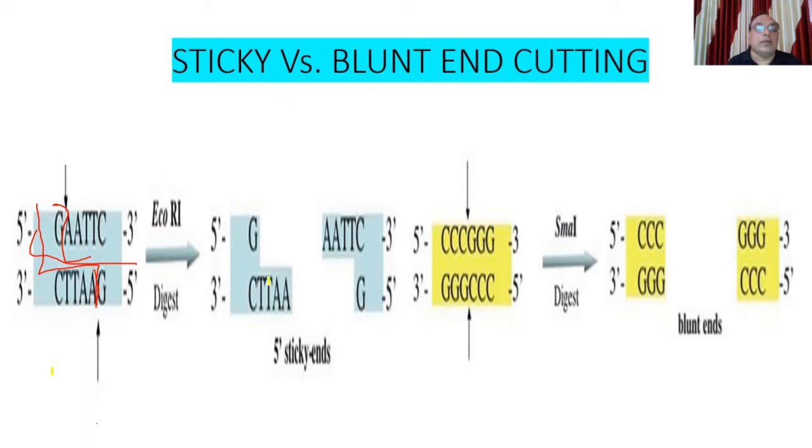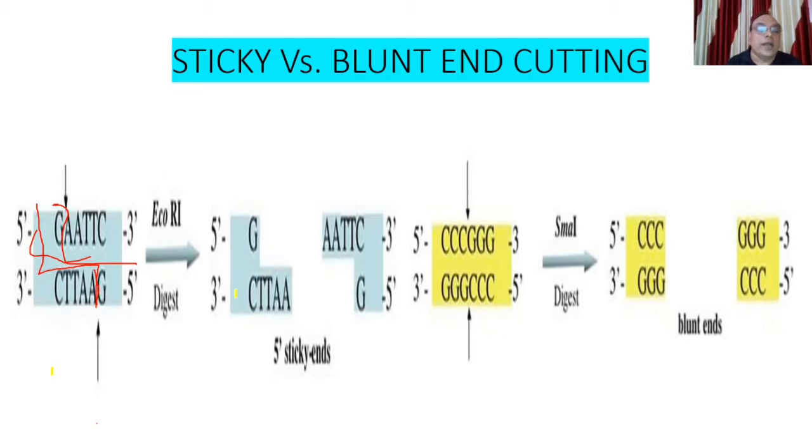Now, when a fragment of DNA having such unpaired ends will encounter another fragment of DNA having A, T, T, thymine, thymine, adenine, adenine, then it will automatically pair. Hydrogen bonds will be formed between the complementary nucleotides.